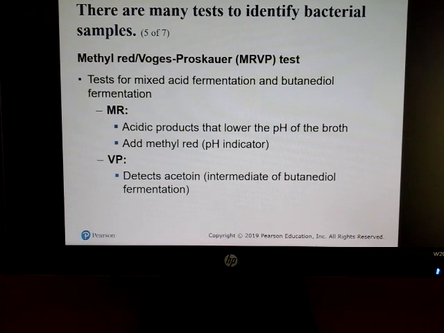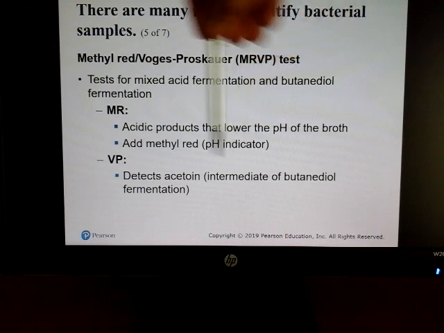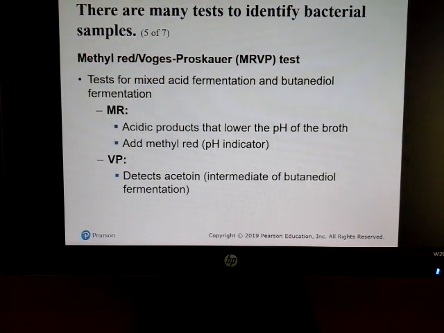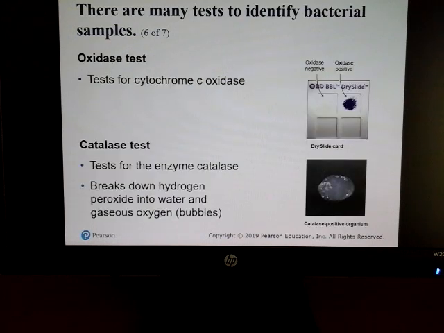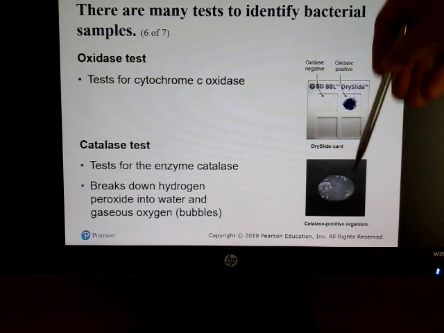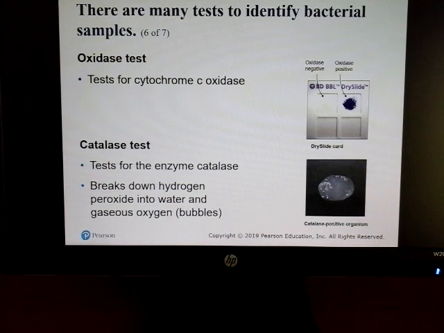MRVP, again, the MR is looking for mixed acid fermentation. VP is going to detect acetoin. Again, those of you in the lab, this is going to be important to you as well because you'll need this information. Oxidase test, a beautiful blue color. And for catalase, bubbles would be positive if that enzyme is produced in this experiment.